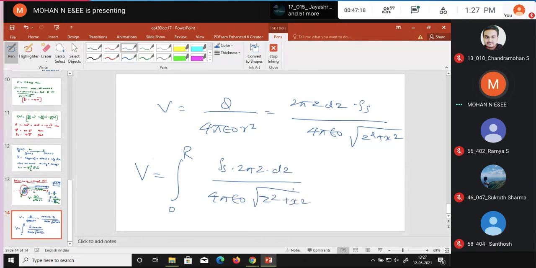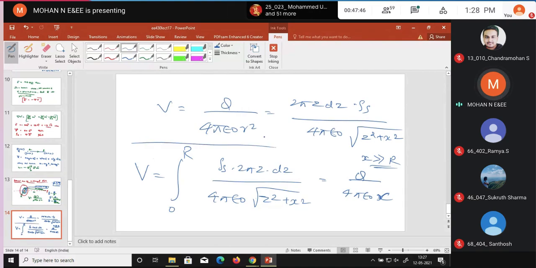If you simplify it, and assuming that x is very much greater than r, you will get it as 4 pi epsilon naught x. A small derivation is there; I leave it to you.